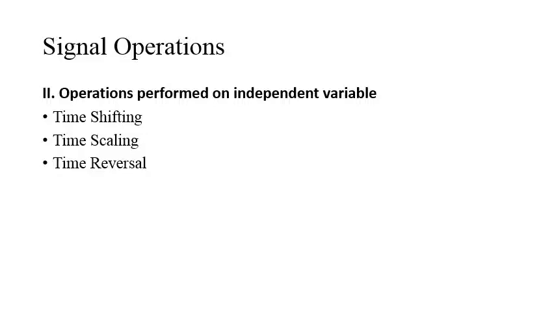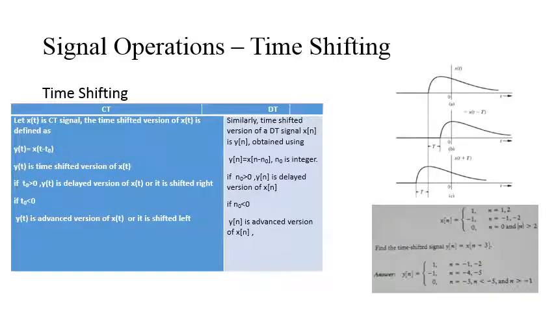In the case of a discrete time signal, the independent variable is denoted by n, for example x of n. Similarly, if the independent variable is continuous in time, then we say it is a continuous time signal.